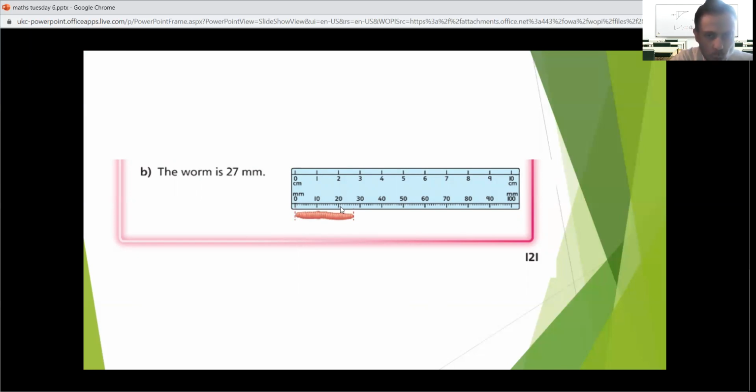So in between 20 and 30, at 27 millimeters, that's how long the worm is. They've taken it from up here where it's quite hard to measure, and put it at the beginning at 0 and shown 27 millimeters. That makes sense. Well done, guys.